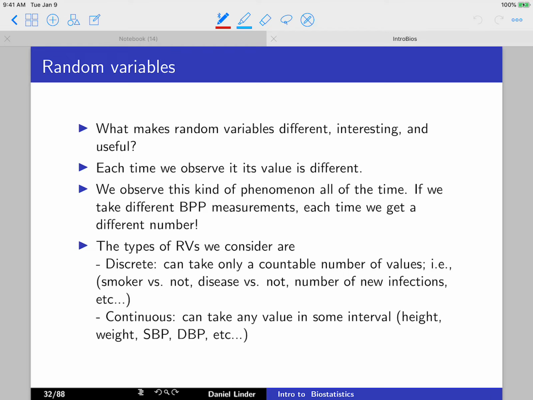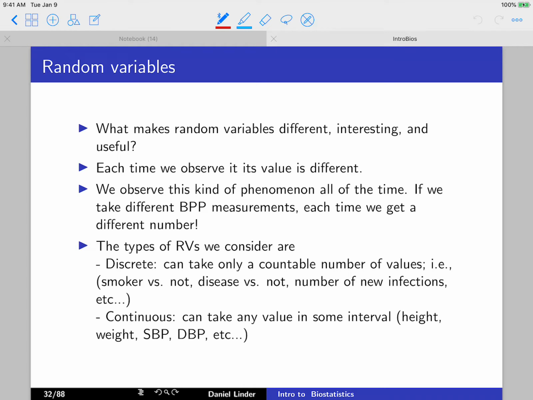So random variables. The interesting thing in statistics is that the variables we look at can vary randomly. This is maybe different than the typical types of variables you're used to encountering, and this is actually interesting and very useful.